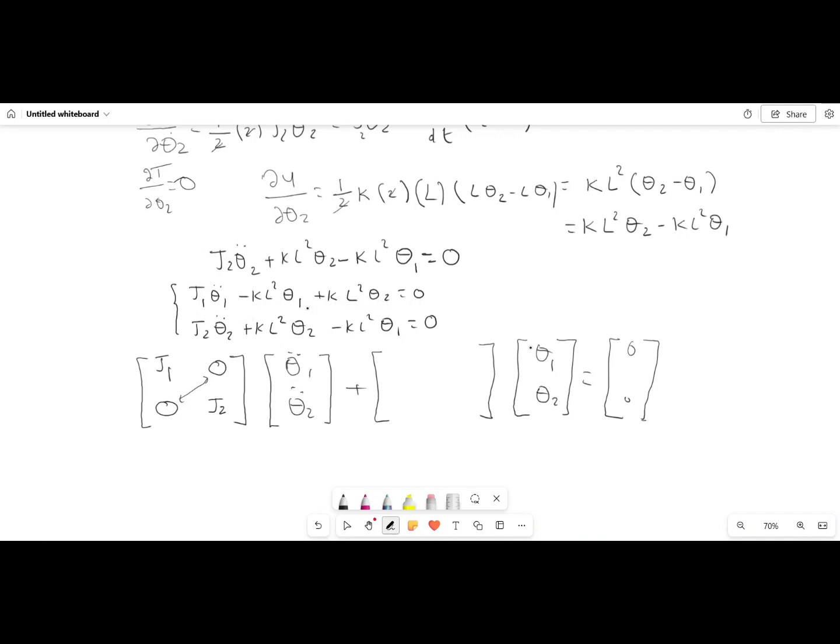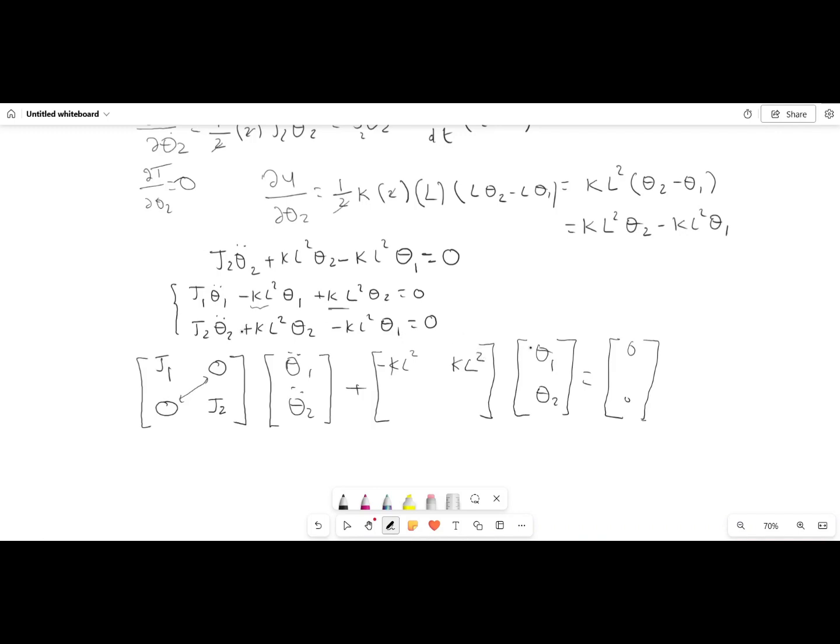The expression is minus kL squared. In simple terms, you're taking the coefficient next to it. Now, do we have theta 2 on the first one? Yes, we have it. It is kL squared. Because we have it, this side here, we need to have the kL squared.